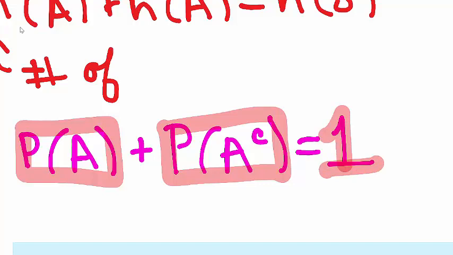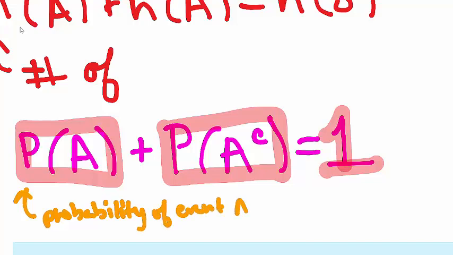If I was taking notes, what I'd write is the probability of event A happening, plus the probability of event A not happening. Well, one of those two things is going to happen, so it would add up to 1.